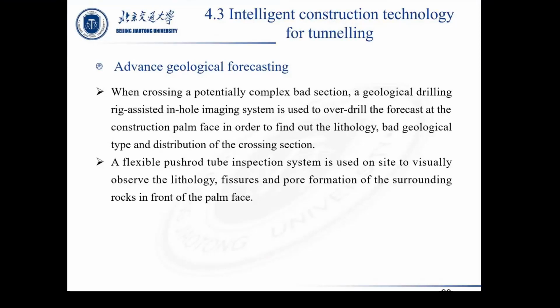A flexible inspection system is used outside to view the surrounding rock ahead by sending the system camera into the borehole, using a flexible and moving camera to view the surrounding rock ahead.